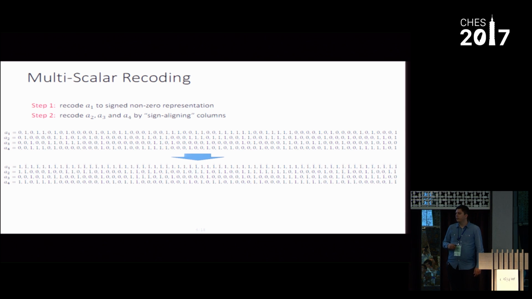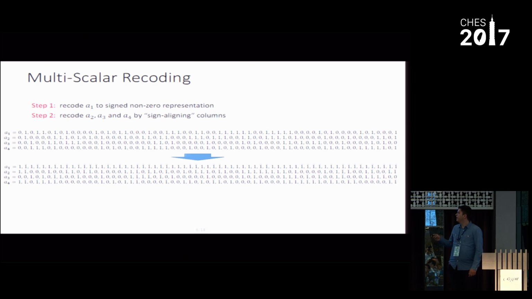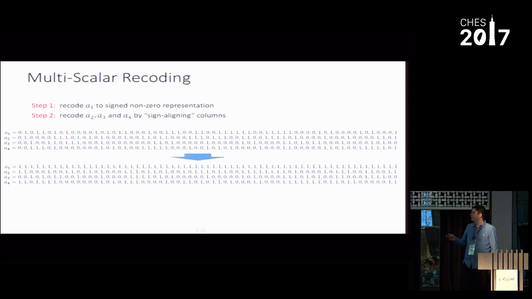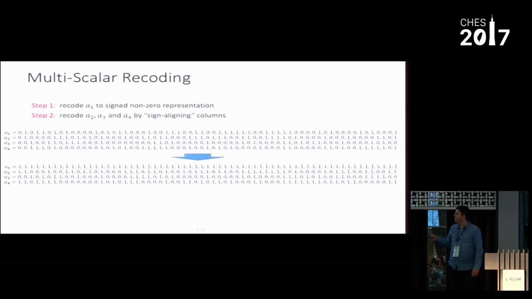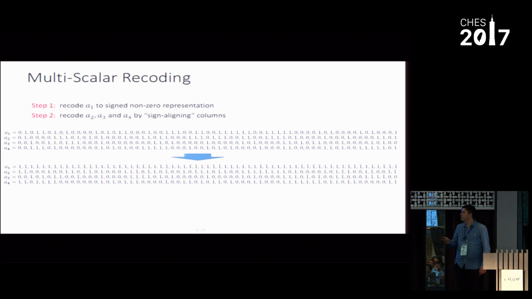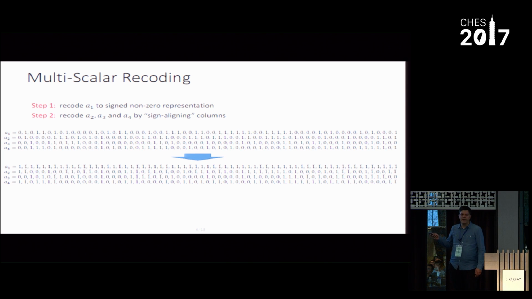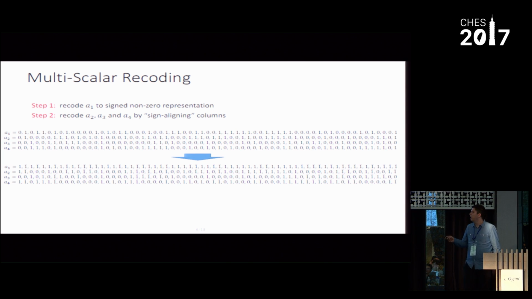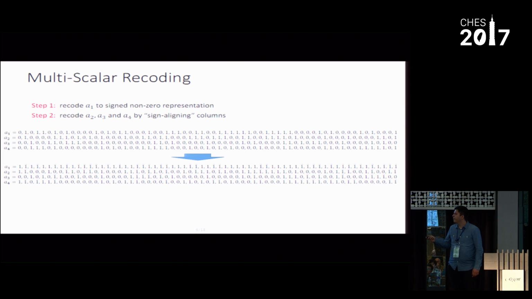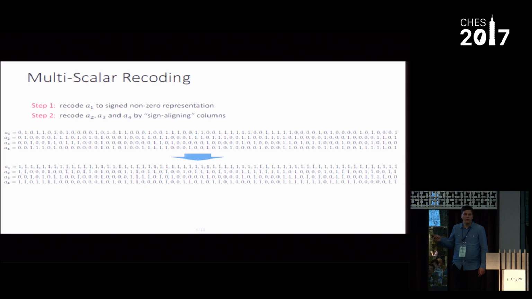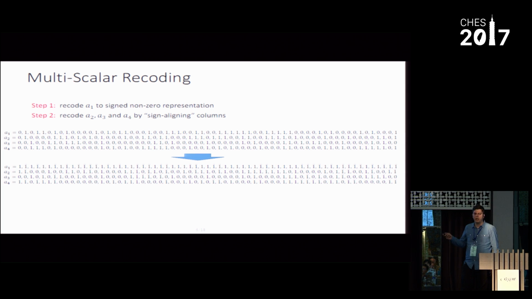And there's another nice result in the paper, which is a signed representation for these smaller scalars. They proved also that we could get a property called sign aligning. So if you align the same position of the bits of the small scalars and you look at the columns, the sign of the coefficients a2 up to a4 will be the same sign as the coefficient a1.